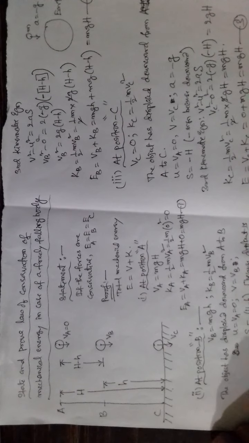Now total energy VC plus KC, 0 plus mgH. When the object was at position A, the total energy is mgH. When the object was at position B, the total mechanical energy is also the same, mgH.